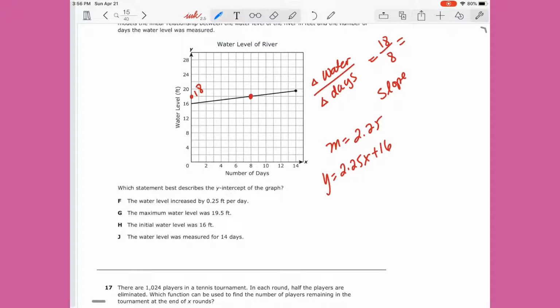So the y represents the water level each day. So this is 1 day here. So in 1 day, I've gone up. So from day one, I have 16 feet. And then day 2, I would have 18.25 feet. So 16 minus 18.25.